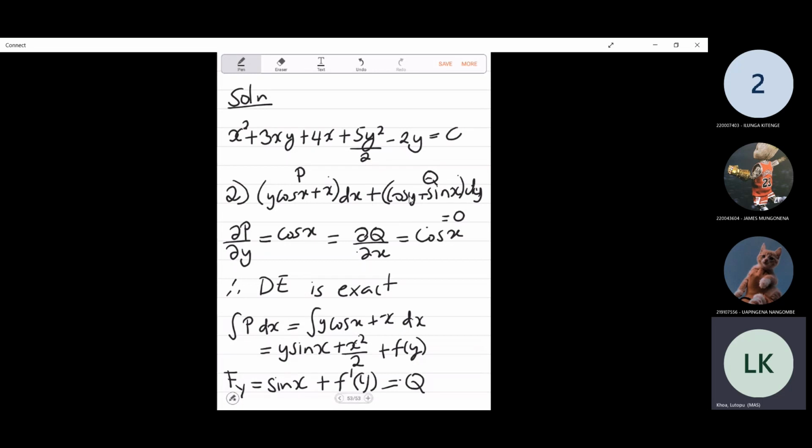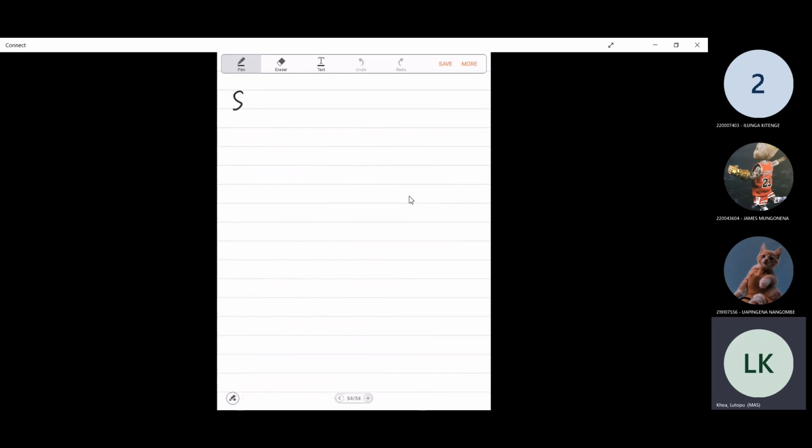So this means that sine x plus f prime of y is equal to cos y plus sine x. See, these two can cancel. You take one to the other side, they give me 0. So this means that f prime of y is equal to cos y.